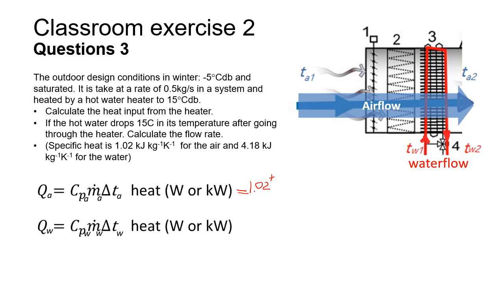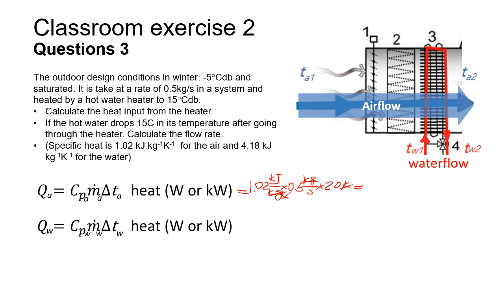1.02 kilojoule per kilogram per K. Multiply by mass flow rate, 0.5 kilogram per second, and the temperature change is 20 K. So there's a K here. Kilojoule per kilogram per K, so K cancelled, kilogram cancelled. So it'd be kilojoule per second. So therefore you have the heat.